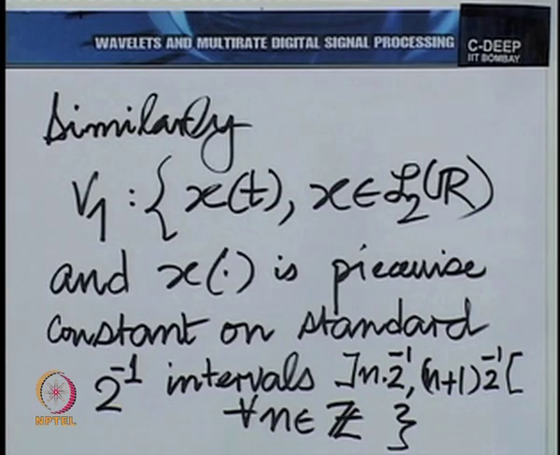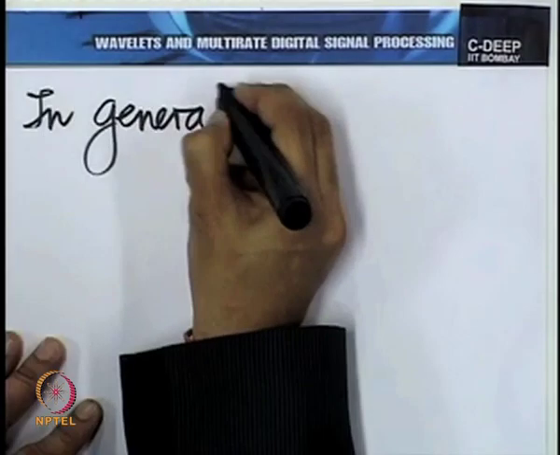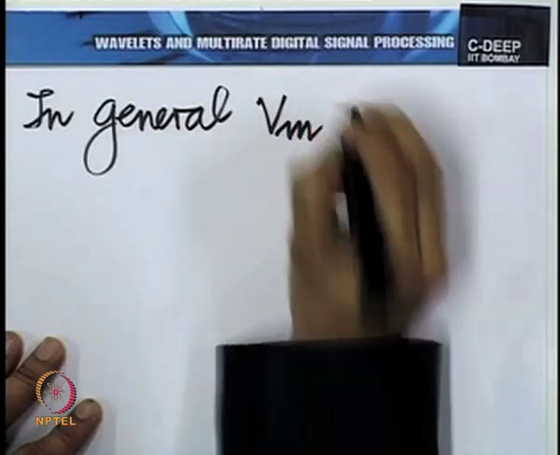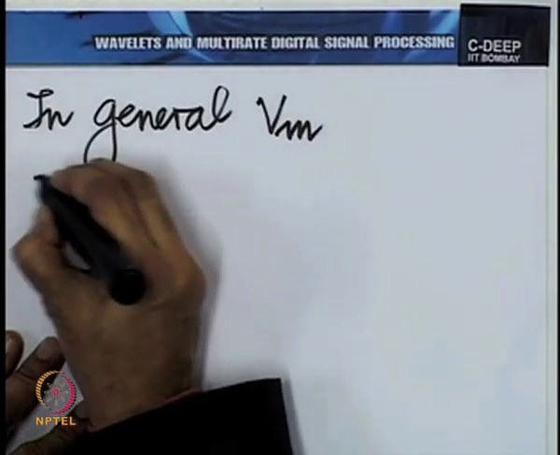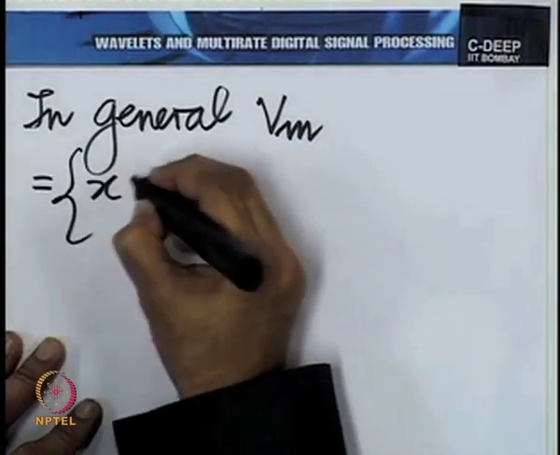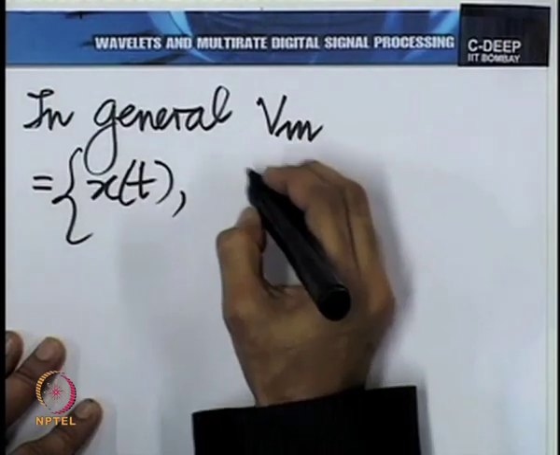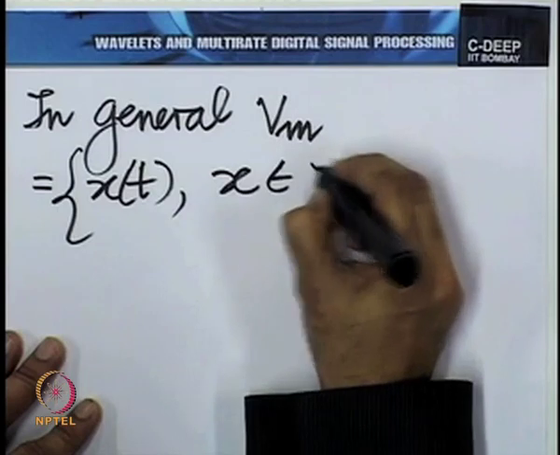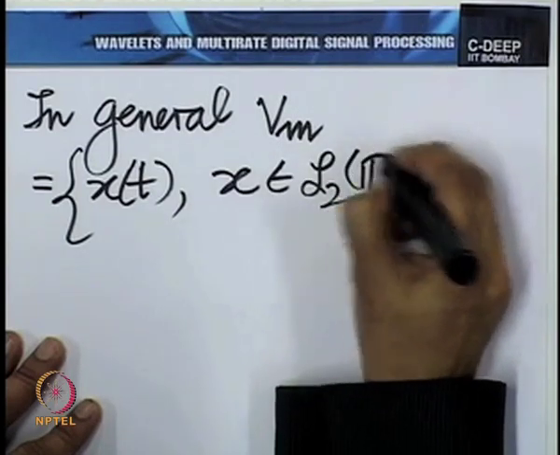And in general, we have V m. The set of all x of t. For completeness, we should write down the definition properly.